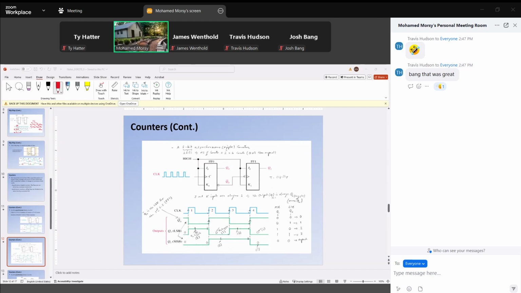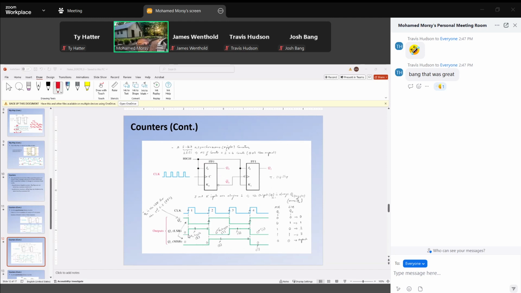Now let us look at the waveform of Q0. It stays 0 as the output until we have the first edge. Remember, these are T flip-flops, so the new output is toggled, meaning the new output equals the previous output inverted.